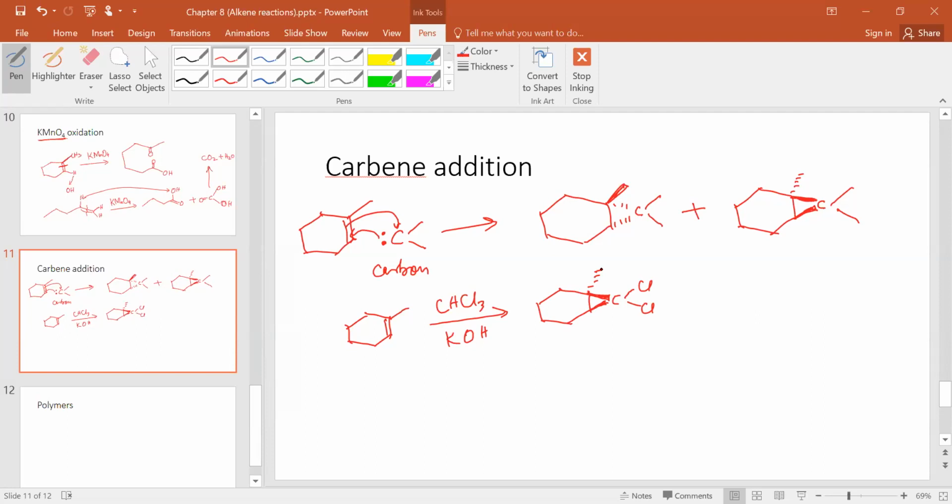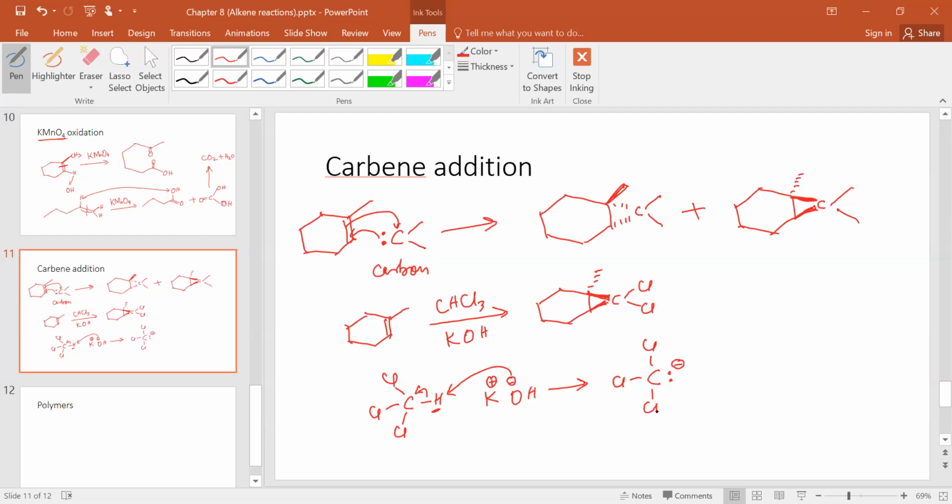So how is the carbene produced in this case? Remember, this is the chloroform structure, chlorine, chlorine, chlorine. So this hydrogen is fairly acidic. So KOH can react with this. It will form a kind of anion.